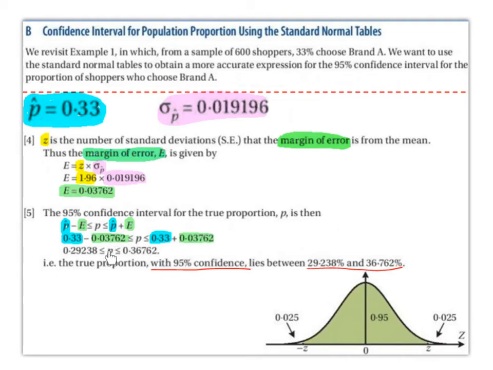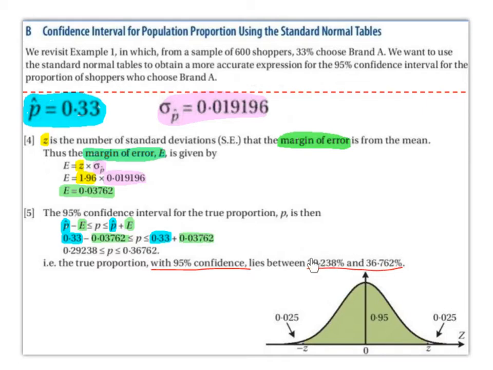So P, the true proportion of the population, lies between 29.2% and 36.8%, i.e., the true proportion with 95% confidence lies between 29.238% and 36.762%. So we are 95% confident that the true proportion lies somewhere between these percentages.